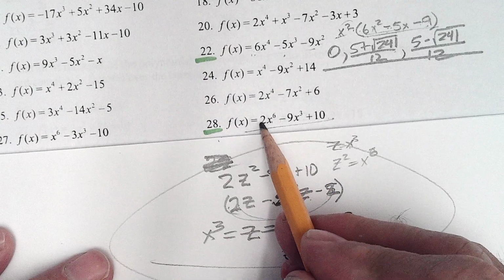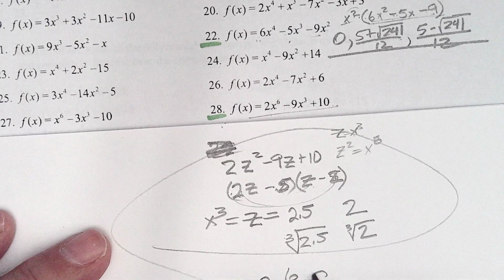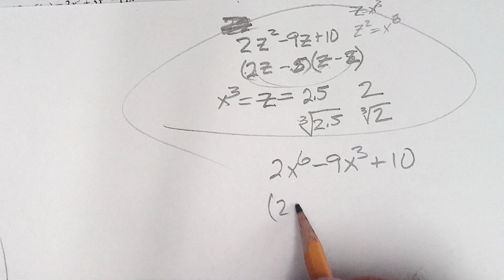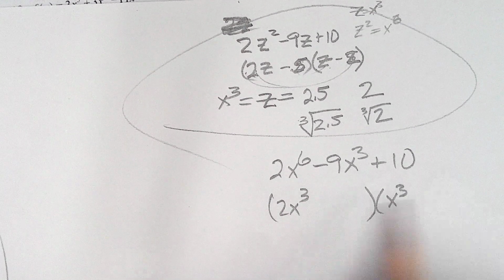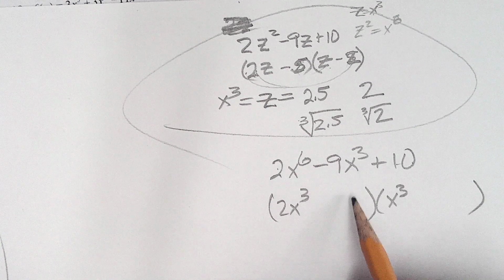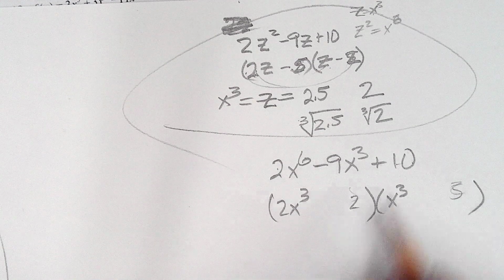You can think of this as 2x to the 6th minus 9x cubed plus 10 as 2x to the third times x to the third, which makes that. And to make 10, you're going to have to do 2 and 5, or 5 and 2.